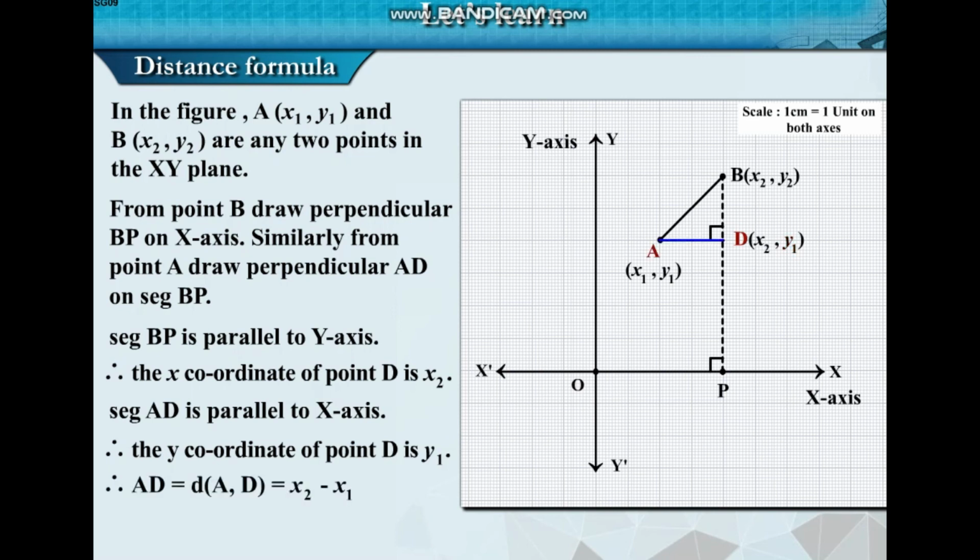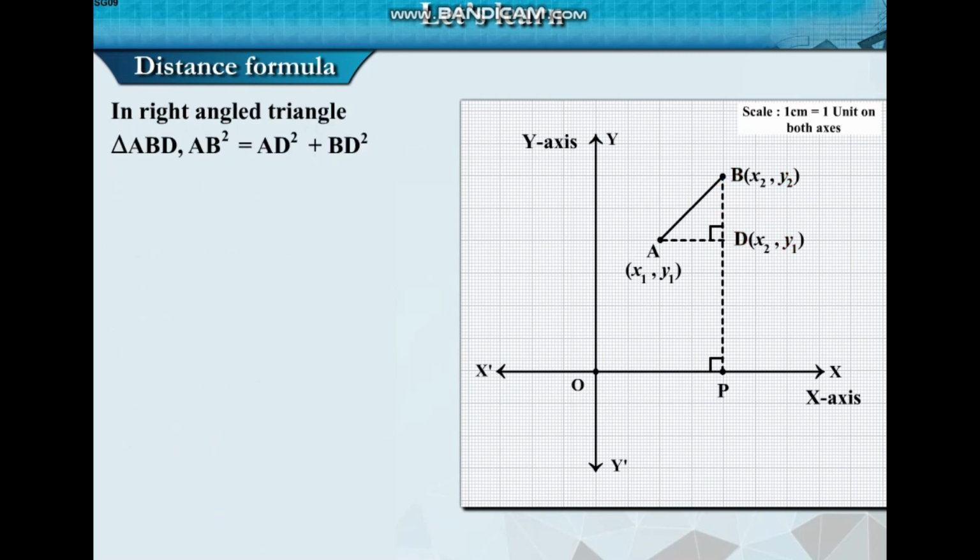Therefore, distance AD is equal to x2 minus x1. Distance BD is equal to y2 minus y1. In right-angled triangle ABD, AB square is equal to AD square plus BD square, which is equal to (x2 minus x1) whole square plus (y2 minus y1) whole square.